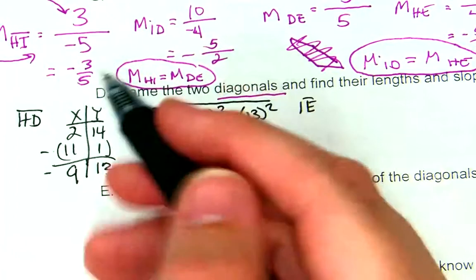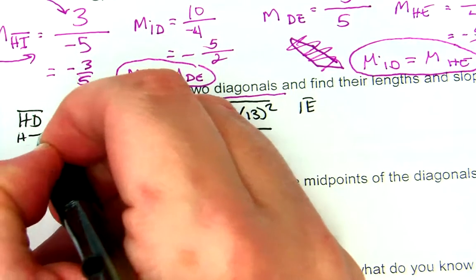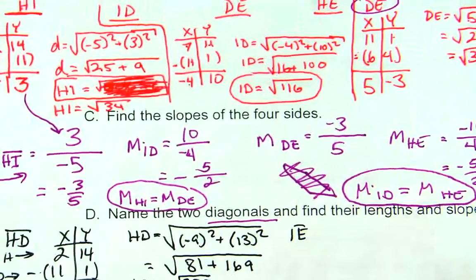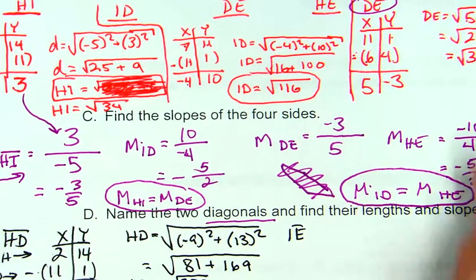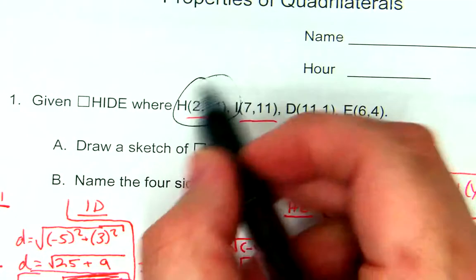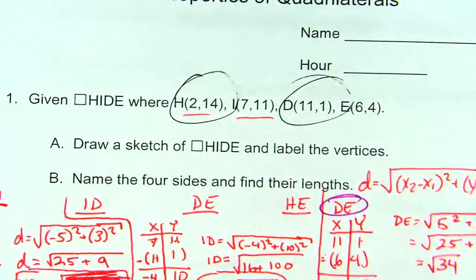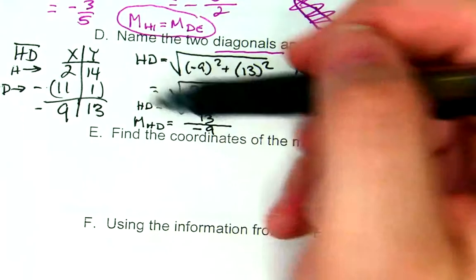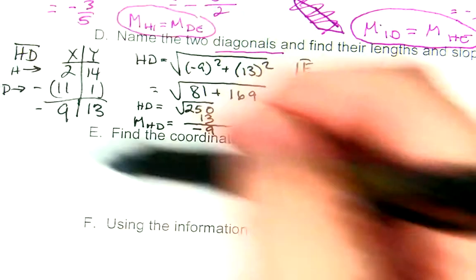Those are the points. This is H. That's the coordinates for H, and that's the coordinates for D. So H is 2, 14, and D is 11, 1. I subtracted them just like I did to find the distance between H and D for the diagonal.